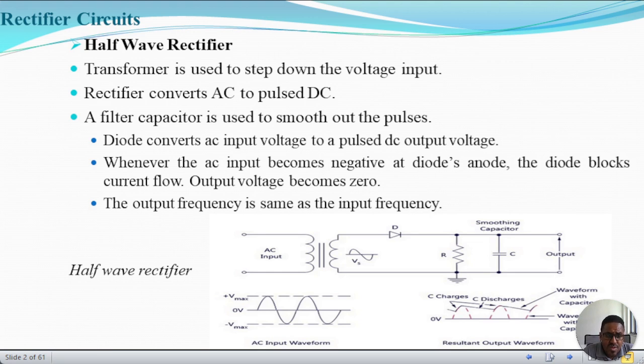Whenever the AC input becomes negative at the diode's anode, the diode blocks current flow and the output voltage becomes zero. The output frequency is the same as the input frequency, because in one full cycle we get one pulse.